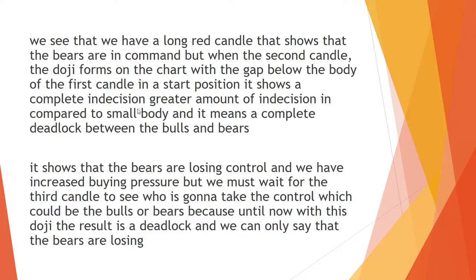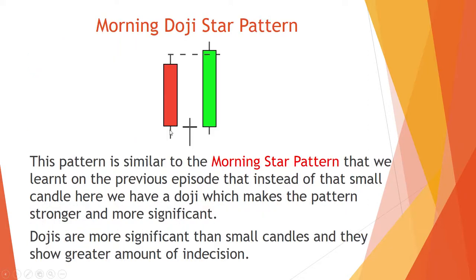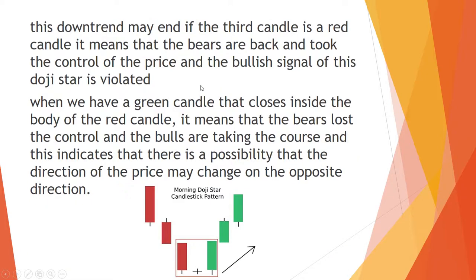Because until now, with this doji, the result is a deadlock, and we can only say that the bears are losing. We don't know whether what follows is still the bears after they have decided, or the bulls. The downtrend may end, but if the third candle is red, then the downtrend might not end.